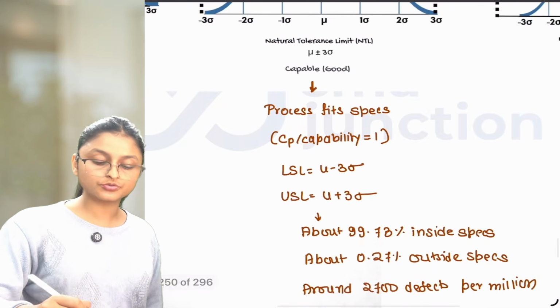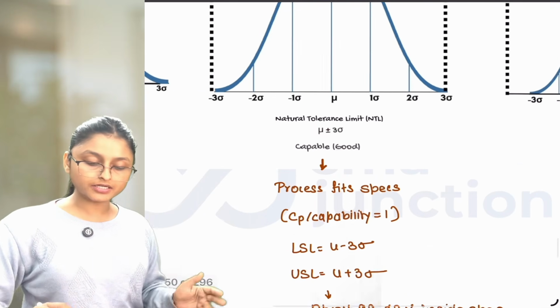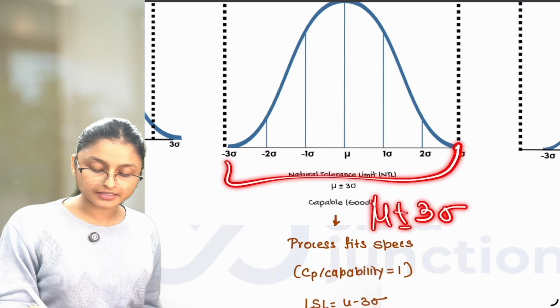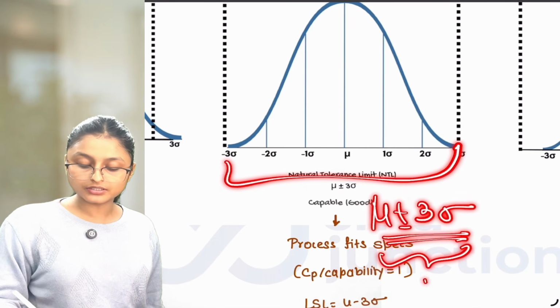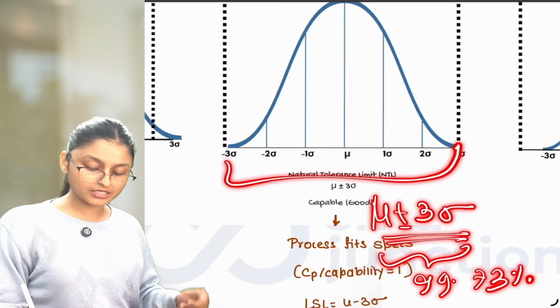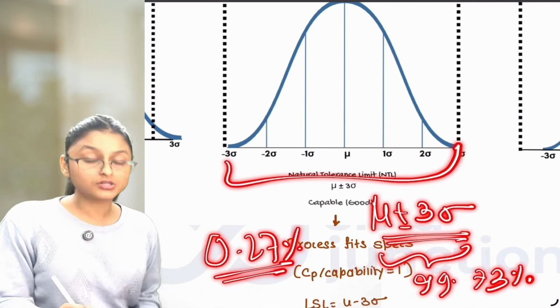And that is how you find out that your capability is equal to 1. Now at this point, you are only able to cover mu plus minus 3 standard deviation, which means that only 99.73% of the output will be of good quality, but 0.27% will be defective at this time also.